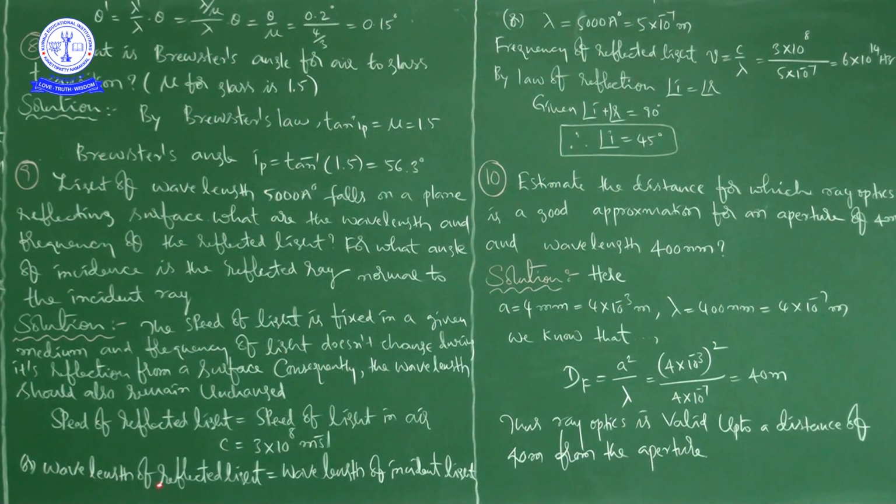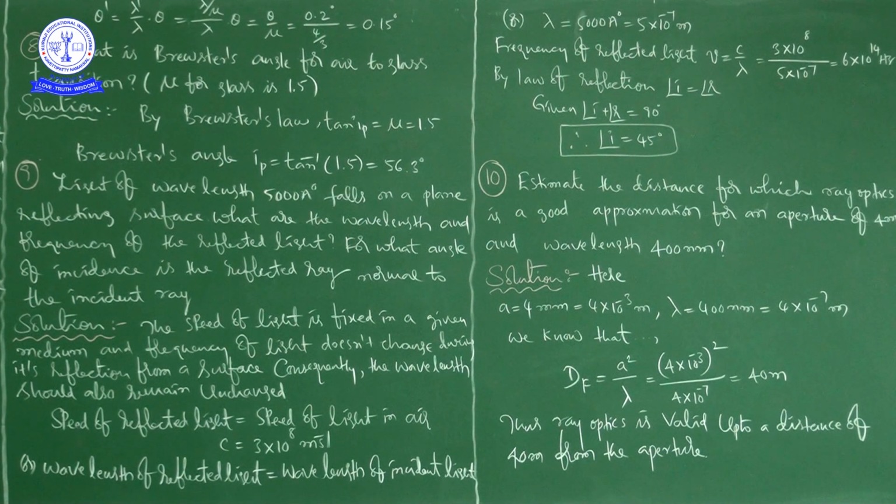So we found the wavelength of reflected light, it is 5 into 10 to the power of minus 7 meters, and we also found the frequency of reflected light by using the formula nu is equal to C by lambda, that is 3 into 10 to the power of 8 divided by 5 into 10 to the power of minus 7, equal to 6 into 10 to the power of 14 hertz. It is the frequency of the reflected light.